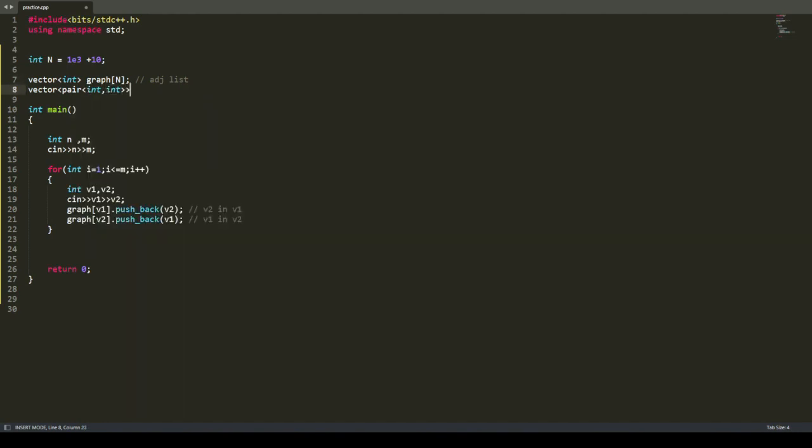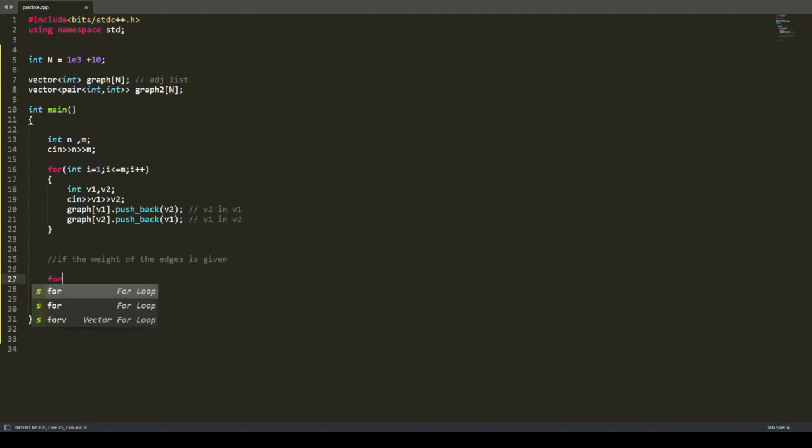So this is our pair graph, let's name it graph 2, having n size. So let's again try to fill this if the weights of the edges are given. How to fill this?